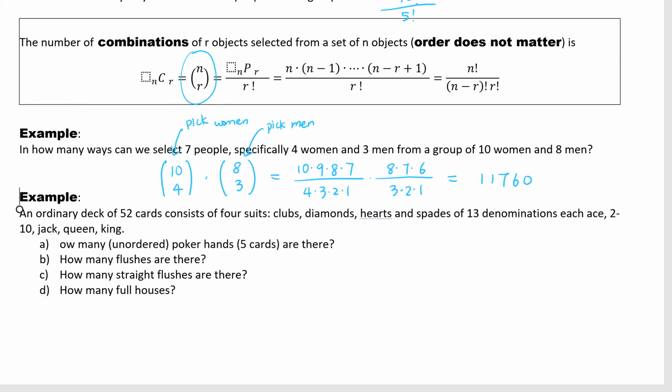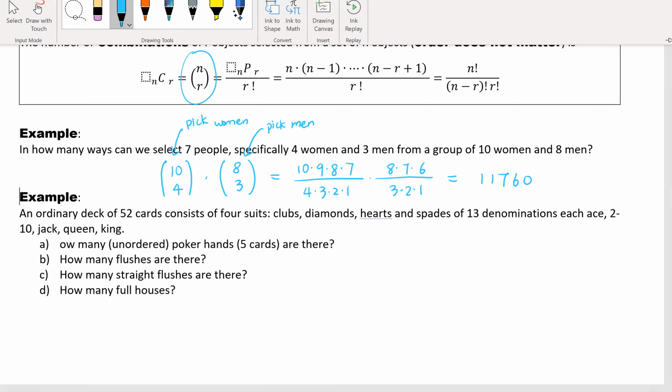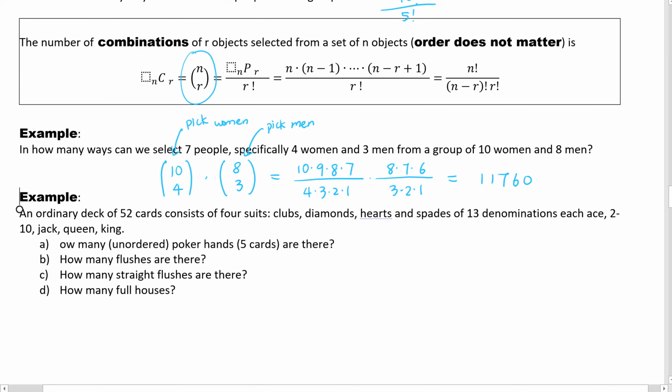So far, so good, everybody. Okay, I also want to put down some remarks here. N choose 0 equals N choose N equals 1.